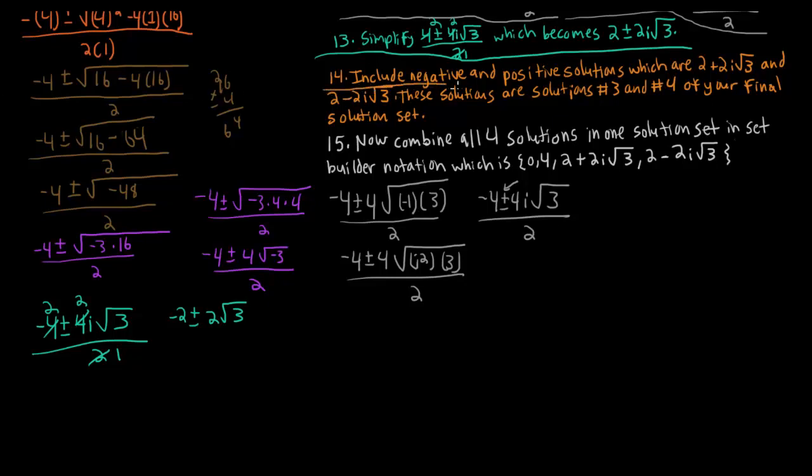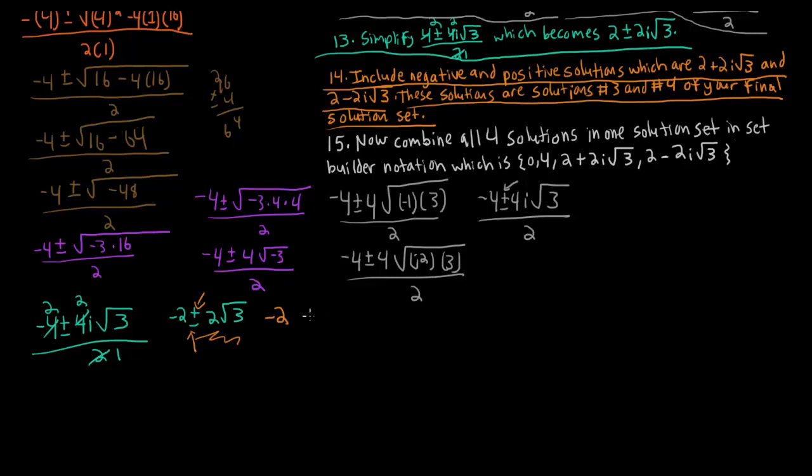Step 14 says include the negative and positive solutions, which are negative 2 plus 2i square root of 3 and negative 2 minus 2i square root of 3. These solutions are solutions number 3 and 4 of your final solution set. So this right here is the same as writing each individual solution, the positive and the negative solution.